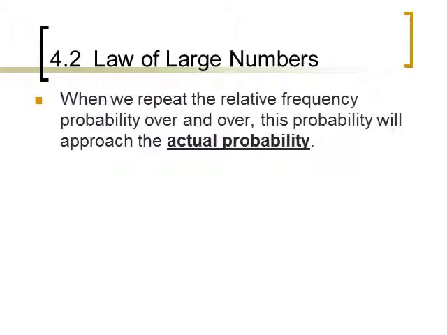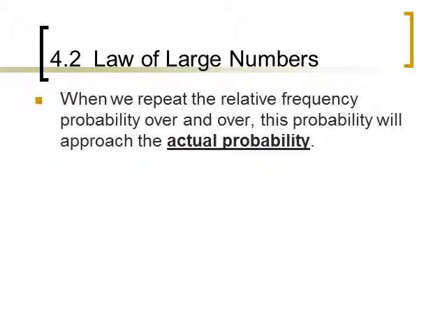When we repeat the relative frequency probability over and over, the estimate will begin to approach the actual probability. So when we're conducting a trial and we want to see what's the probability of tossing a coin and getting heads, well, the more times we toss the coin, the better. If we only did it 10 times, it's possible to get tails each time.